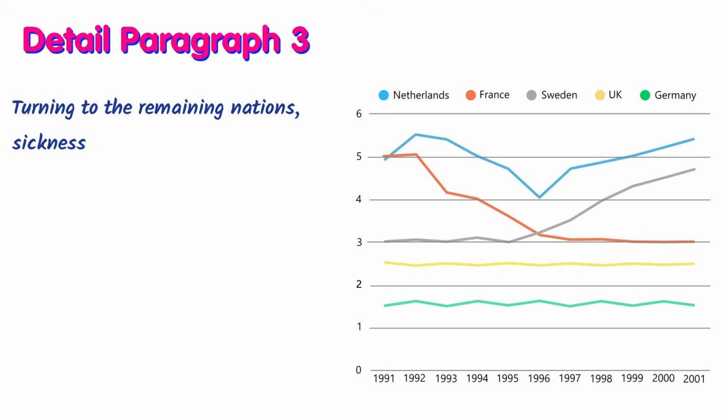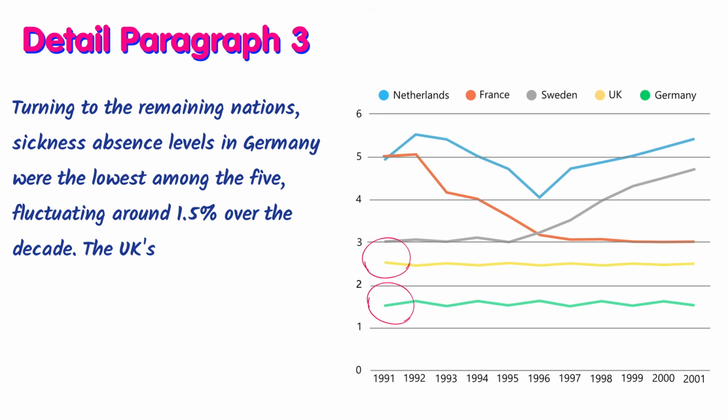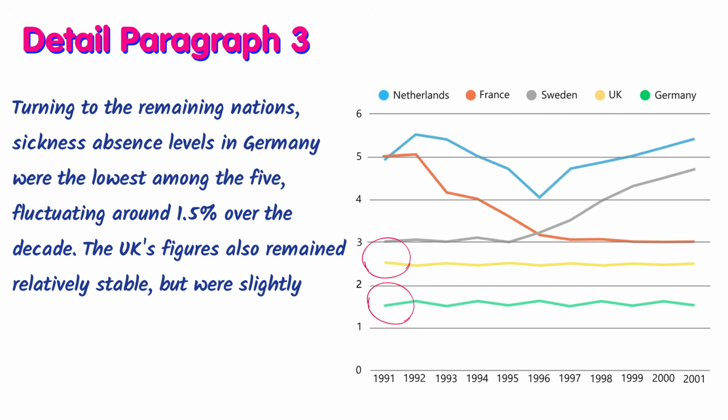Sickness absence levels in Germany were the lowest among the 5, fluctuating around 1.5% over the decade. The UK's figures also remained relatively stable. It means that they stayed almost unchanged, right? Remained relatively stable, but were slightly higher at roughly 2.5%.